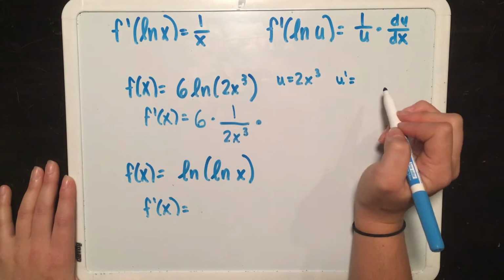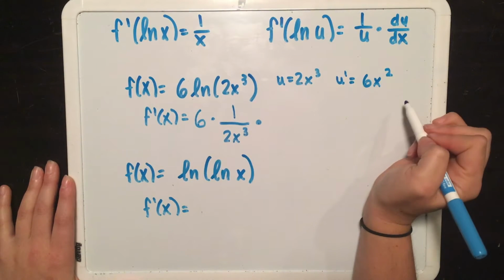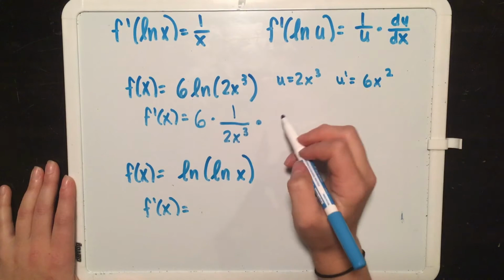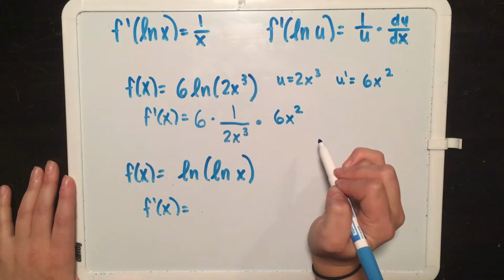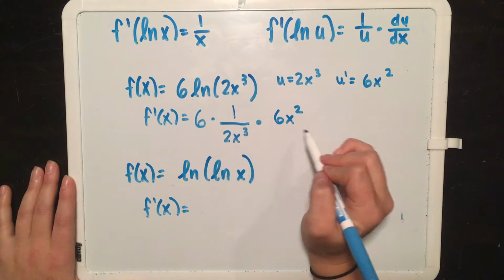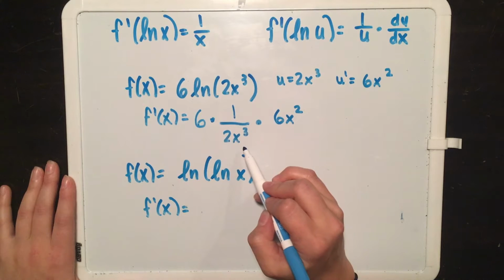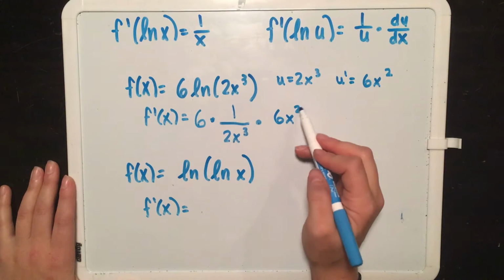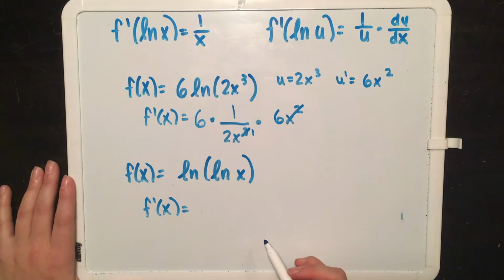u prime is just 6x squared, using the power rule. So we're going to multiply our whole thing by 6x squared. And if we reduce this a little bit before multiplying through, we have an x squared on top and an x to the third on the bottom. So 2 of the x's cancel and we're just left with 1 on the bottom.